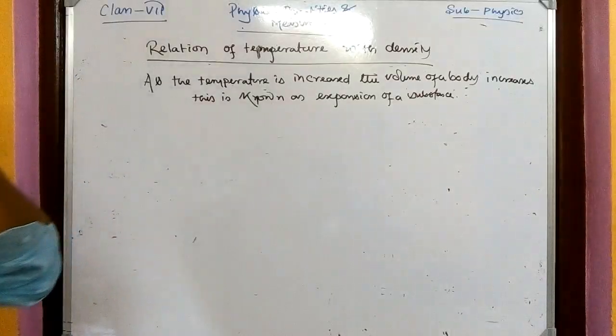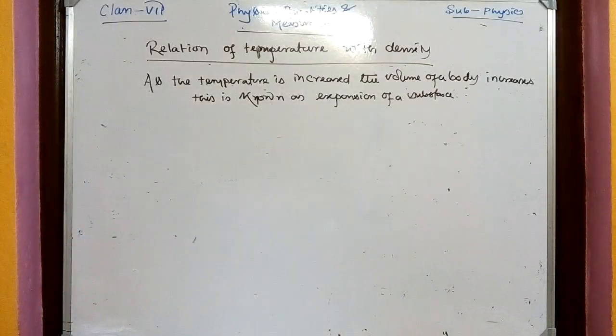We learned it in class 6. In a body, whatever substance we are talking about, it is made by molecules. As the temperature increases, the movement of the molecules increases, so they will occupy more space, and that's why the volume is increased.